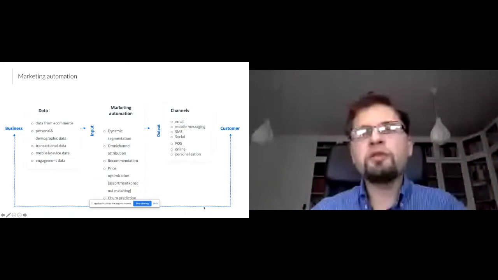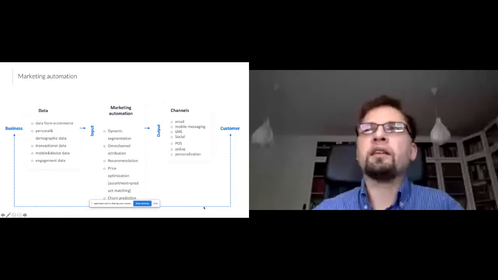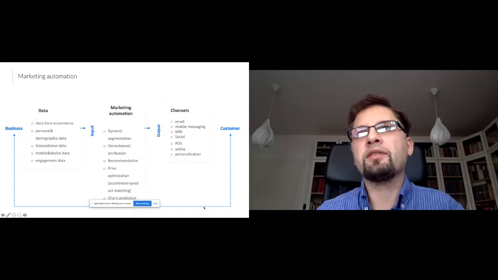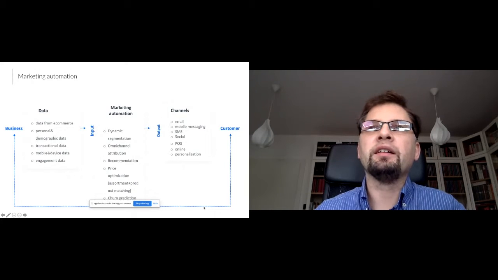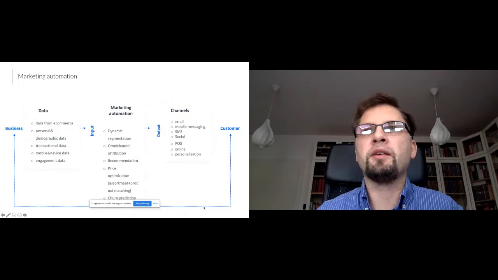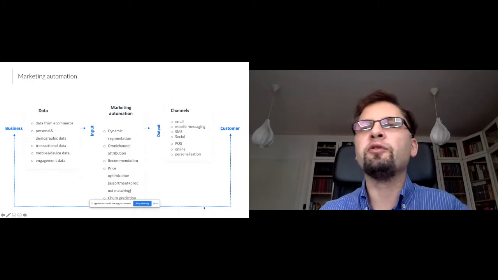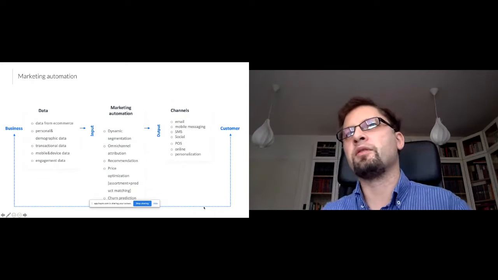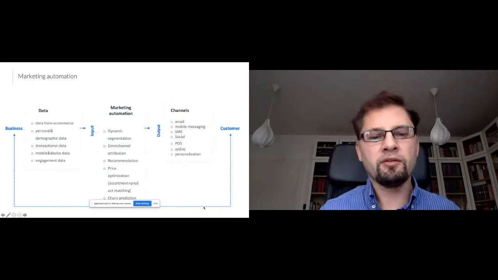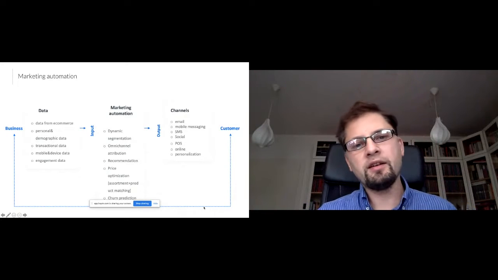So essentially, what we're trying to do is help businesses, but also help customers, because it's not only about maximizing the business outcome, but also giving useful information to the user, which is also important from his perspective.